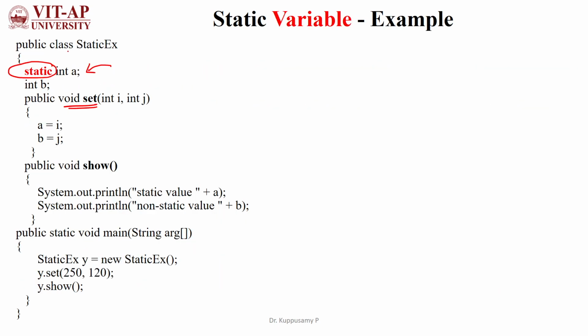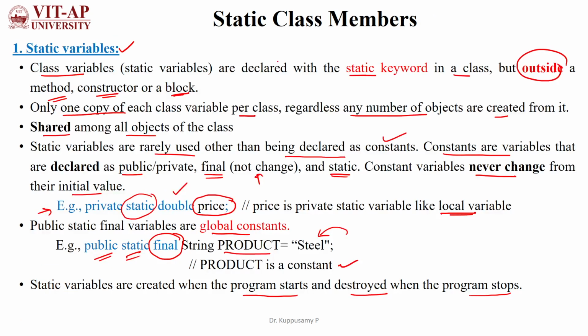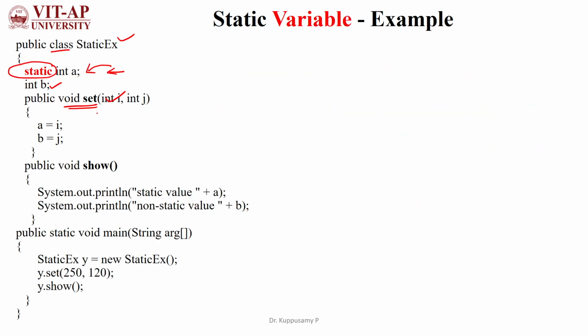The example is given. The class name is static ex, the variable a is declared here with the static keyword, and b is another integer variable. As I said, the static variable should be declared outside the method or outside the constructor or outside the block. Then we define a method which carries two parameters, i and j, which are assigned to a and b.